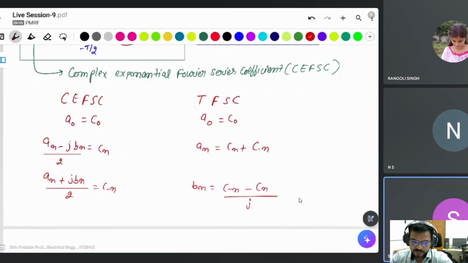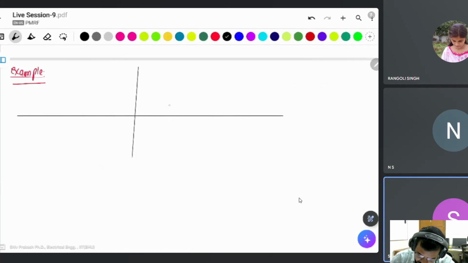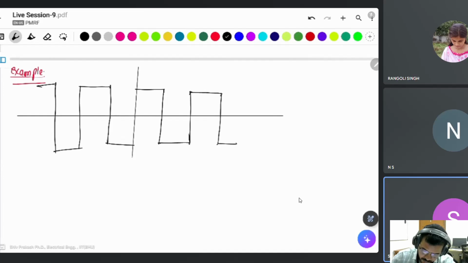Okay. Let's take an example. Same example, take the waveform from zero to T by 2 to T. Same waveform, you know about this one.